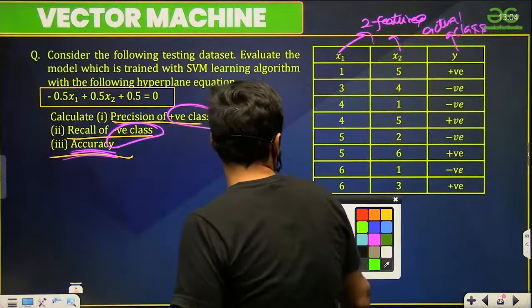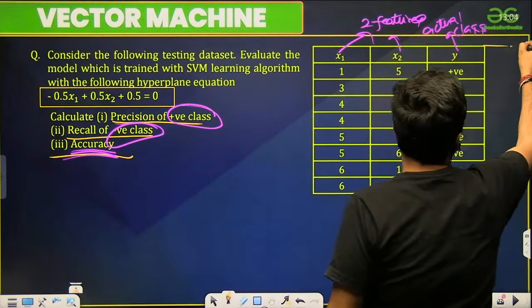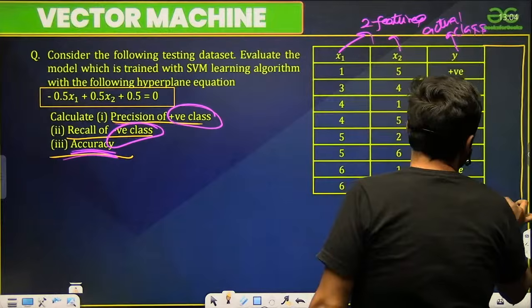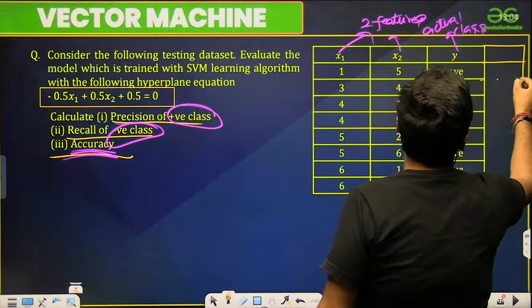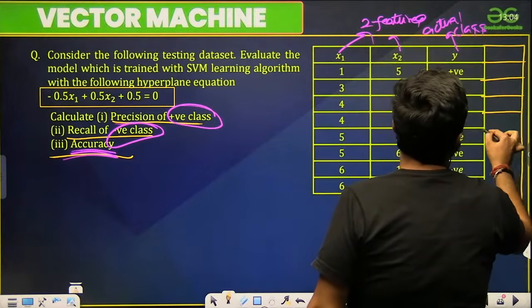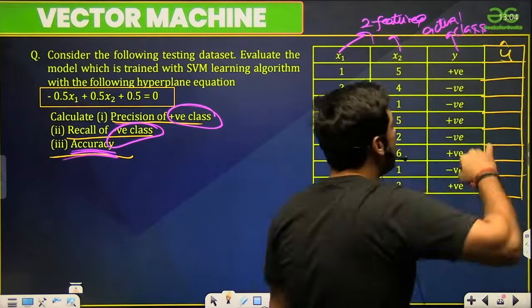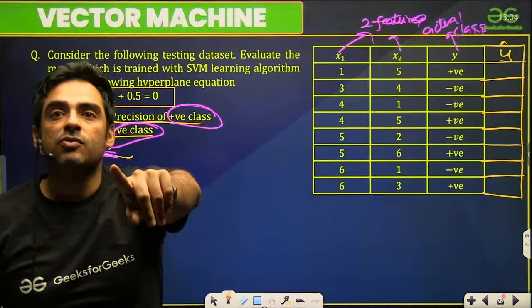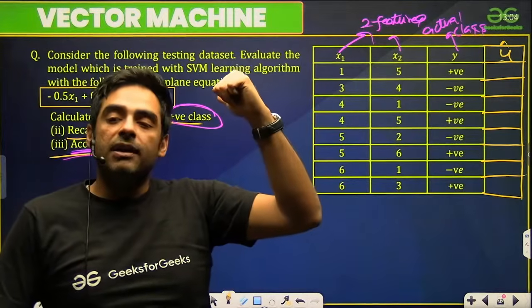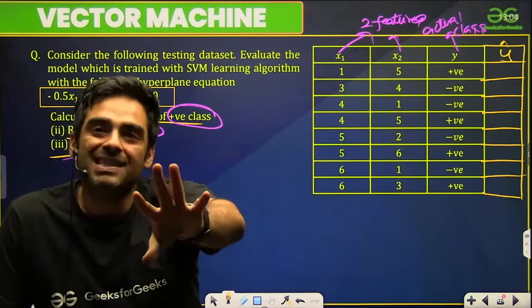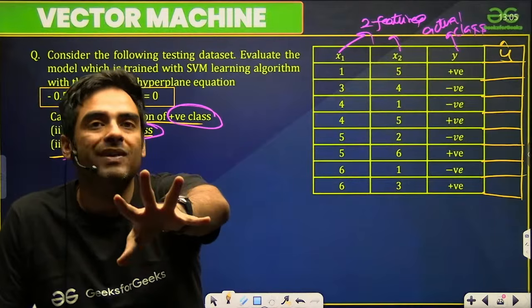So first, we have to calculate the prediction using the SVM algorithm. Suppose, just for an example, it was a logistic regression model, how would you have solved it?